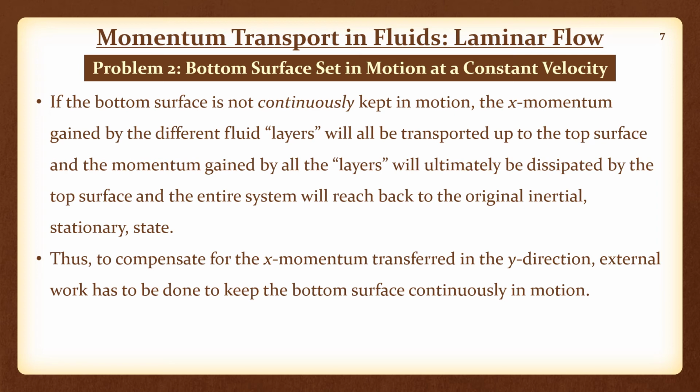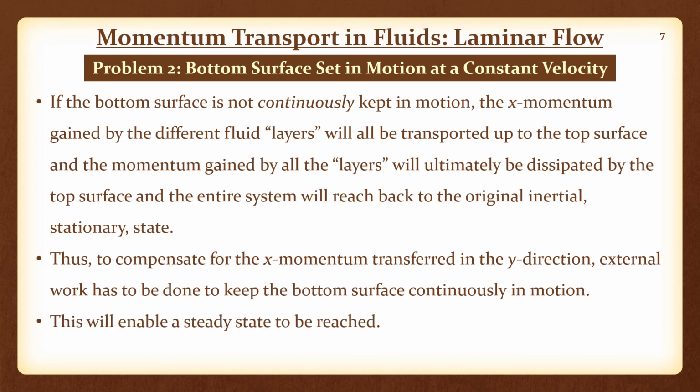And then you have a steady velocity profile between y equal to 0, where velocity is v, and y equal to b, where velocity is 0. Therefore, continuous external work will have to be done to keep the bottom surface continuously in motion.